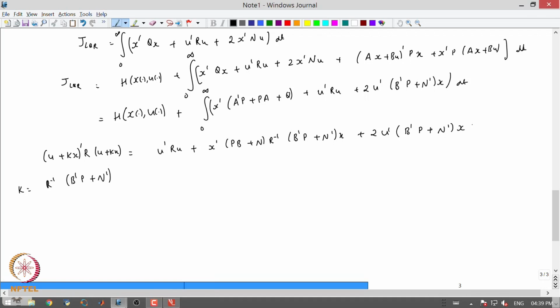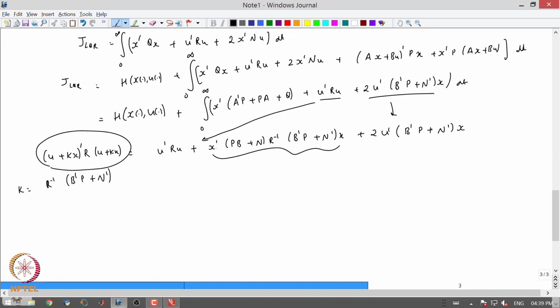Okay. So, I will write these two terms, which correspond to the terms here and here, in terms of this quadratic function and this term corresponding to x transpose and x. And then substitute for this value of K. So, the J_LQR will now take the following form.